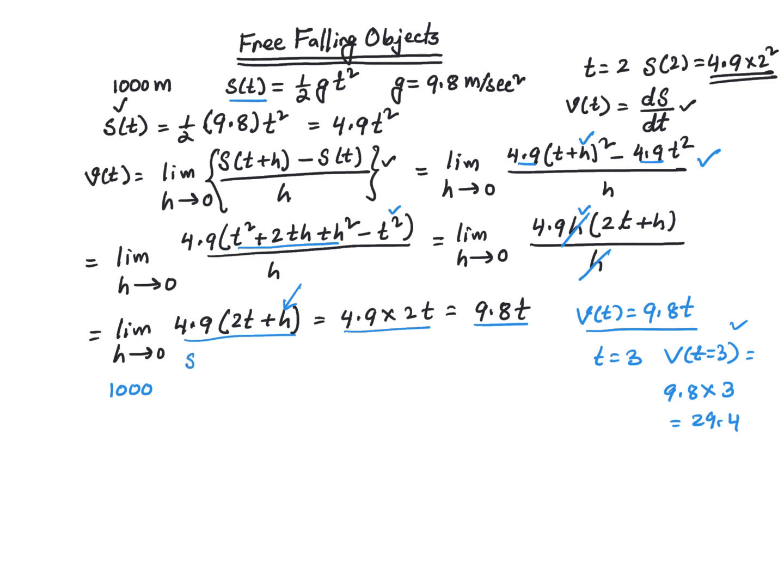Using s of t equals 4.9 t squared, t squared is going to be 1,000 divided by 4.9, and t is approximately 14.29.